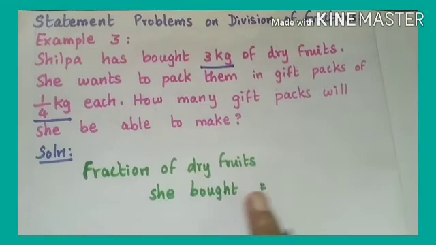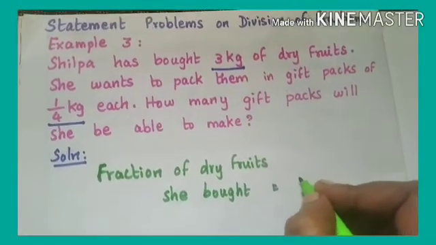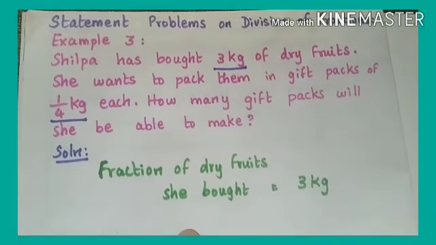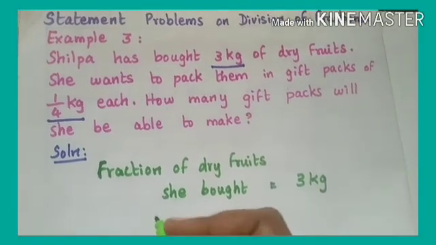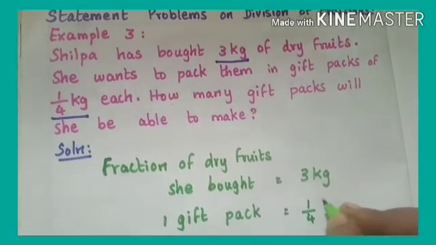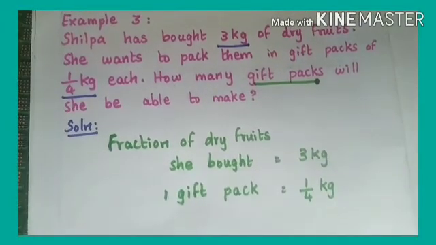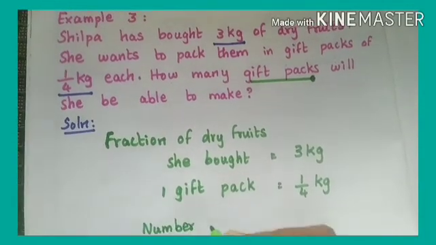Let's write, fraction of dry fruits she bought is equal to 3 kilograms. Fraction of dry fruits in one gift pack is equal to 1 by 4 kilograms. Next we have to find the number of gift packs she was able to make.